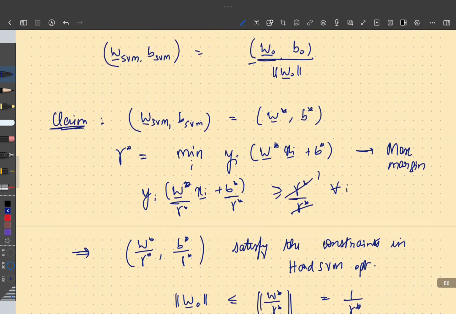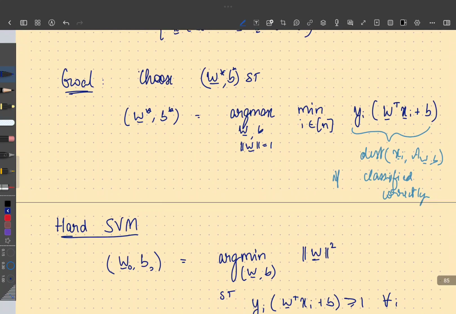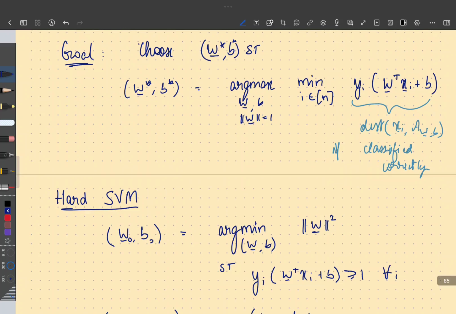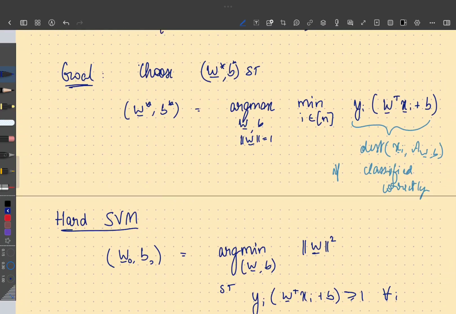Therefore, the SVM optimization problem achieves at least one of the max margin classifiers. So the output of the Hard-SVM algorithm is a max margin classifier.